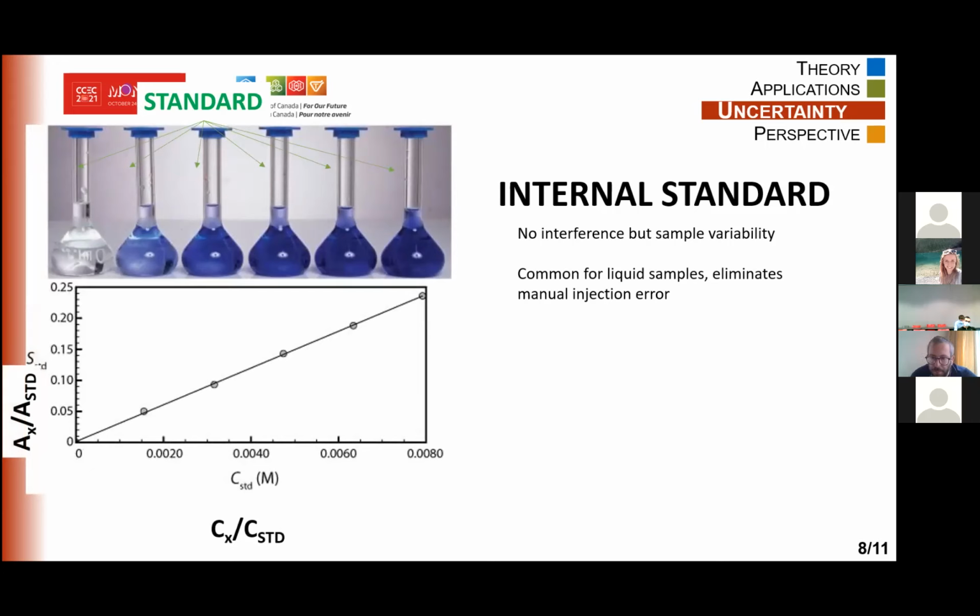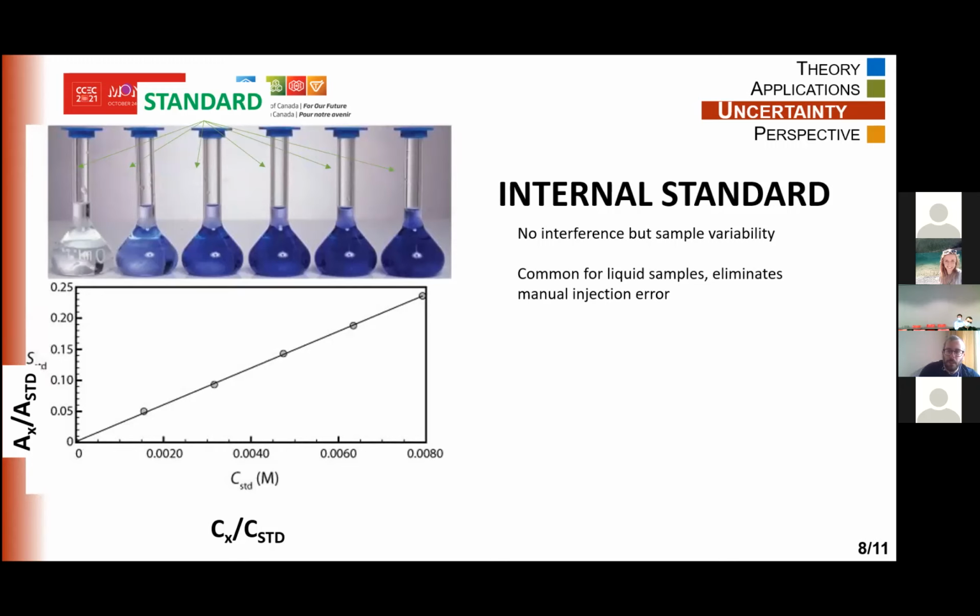In this case, we will measure the ratio of the chromatographic area of the analyte and the internal standard versus the concentration of the analyte. Since the peak areas depend also on the quantity injected, this calibration method eliminates the injection error and is suggested for liquid analysis, especially when you use manual injection.